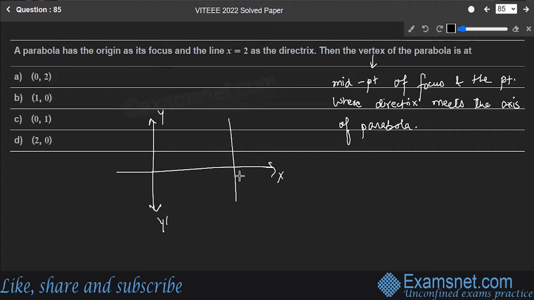Okay, if I draw this parabola, if this is the axis and this is the directrix, let's say x equals 2. This is the parabola, something like this. Actually, it's not bending downwards, it's something like this.